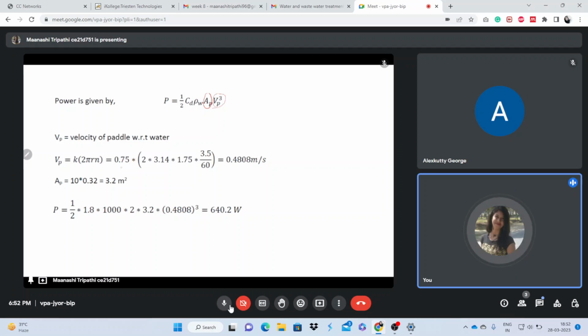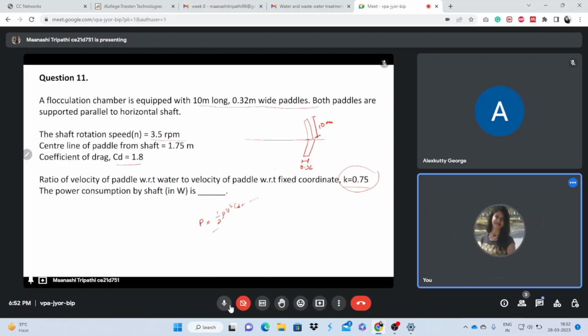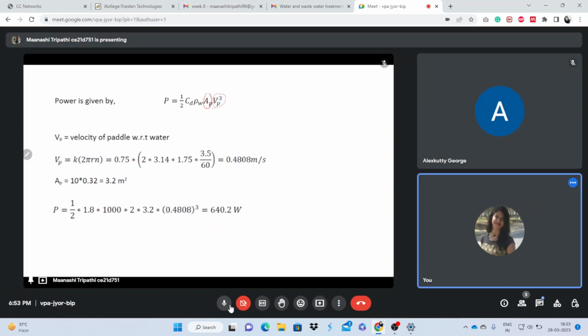K we have as 0.75. So 2 into 3.14 into 1.75. 1.75 means the center line of the paddle from the shaft, so this is the radius they're talking about. Into 3.5 by 60, because that was in RPM, rotations per minute, we have to convert by dividing by 60.